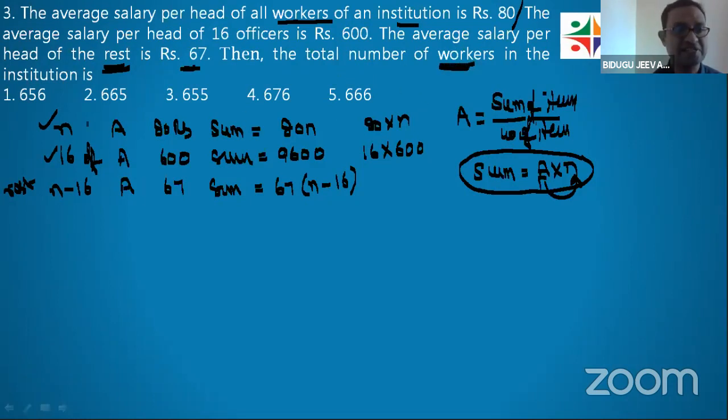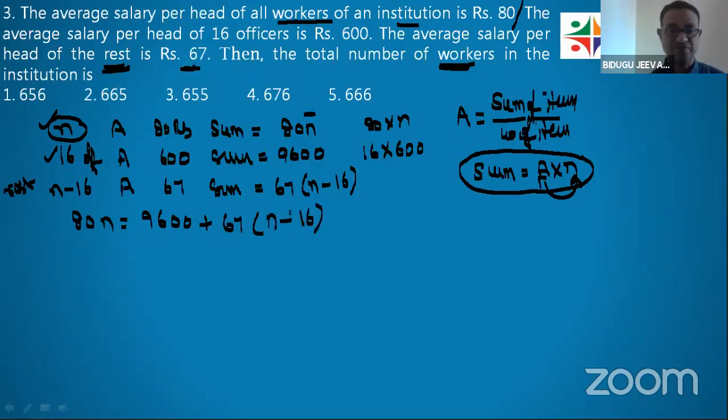Our target is N. Then how to calculate? 80N is equal to 9600 plus 67 into N minus 16. This is the sum of 16 officers, and this is the sum of the rest of the people. All together, the sum gives the total for the people available in the institution.